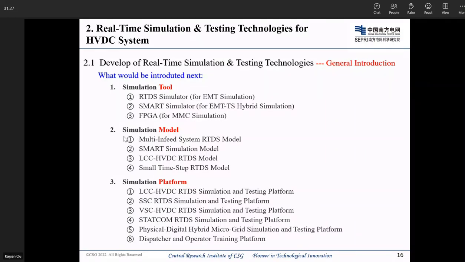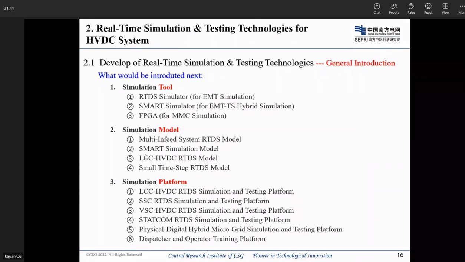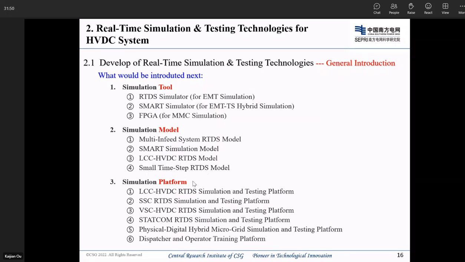Another is the simulation models: many kinds of real-time simulation models, like the multi-infeed system RTDS model, the SMART simulation model, the LCC RTDS model, and the small timestep RTDS model.